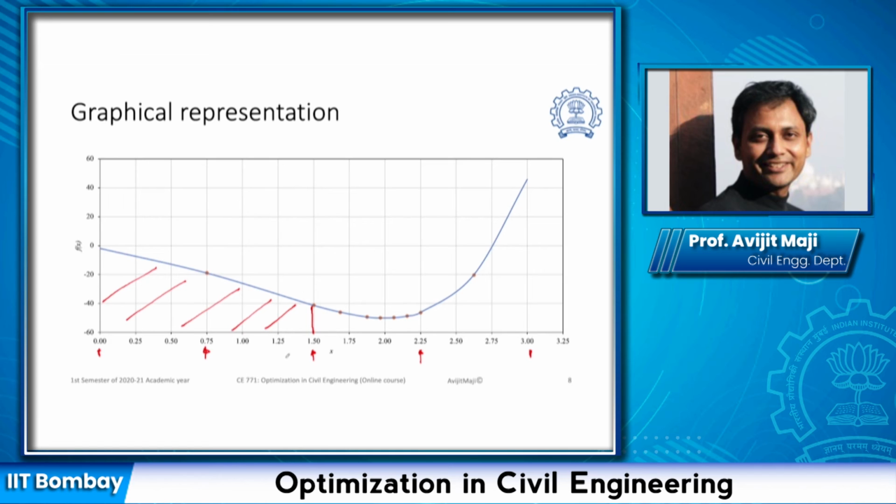Now as we eliminate, my new boundary is going to be here, and we are retaining the old upper boundary. Then my new middle point is going to be here, which was the x2 in the previous iteration.